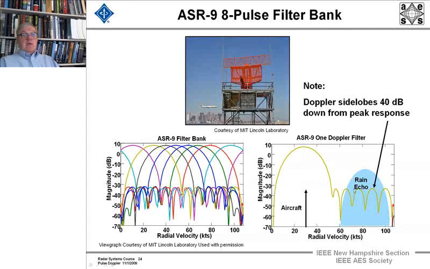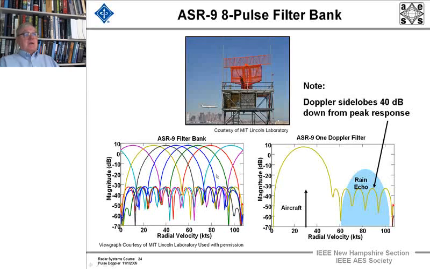And if we have rain up here, and notice the rain echoes are down approximately 40 dB from the peak response, this rain will get rejected so that after the filtering, the aircraft is cleanly seen.